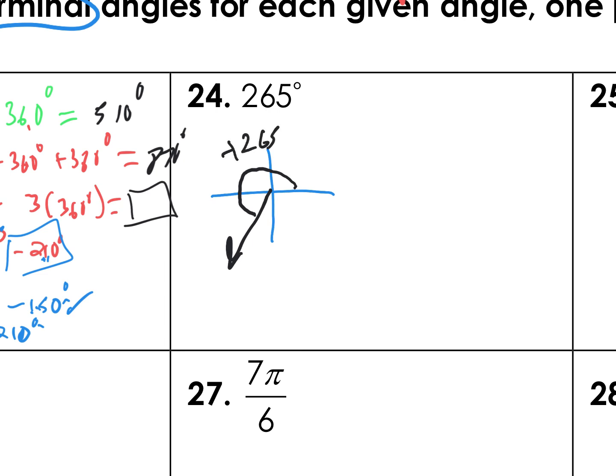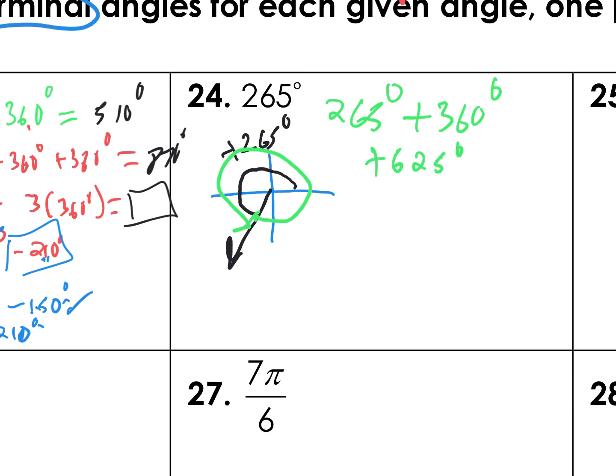And so if I want a positive angle that's coterminal, I start at that 265 and I go one time around or two times around or three times around. I'm lazy. I'm just going to go one more time around. So that became 265 degrees plus 360 degrees. 625, I think. You can tell me if I'm wrong. There's my positive coterminal.